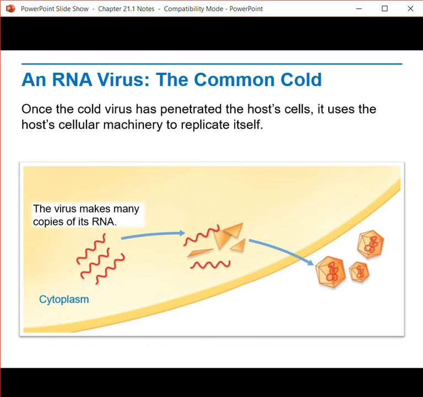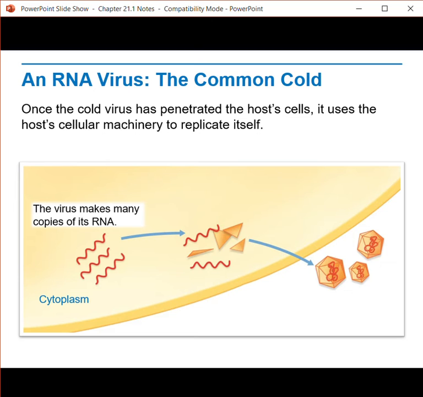Now, the host cell's ribosomes, and we remember that a ribosome is an organelle, which means little organ, and they are inside cells, and ribosomes make proteins. Okay? They are the protein factory.